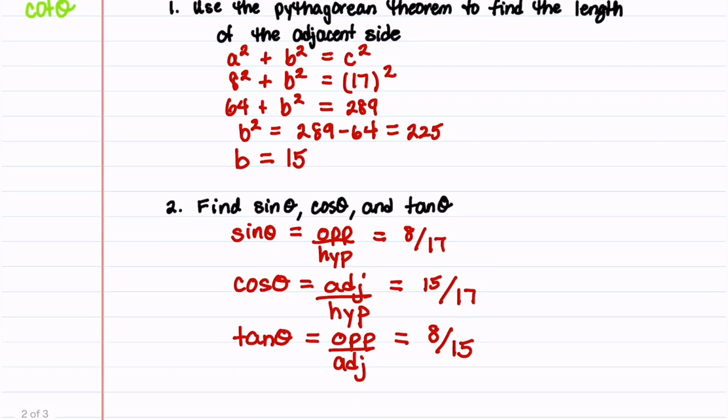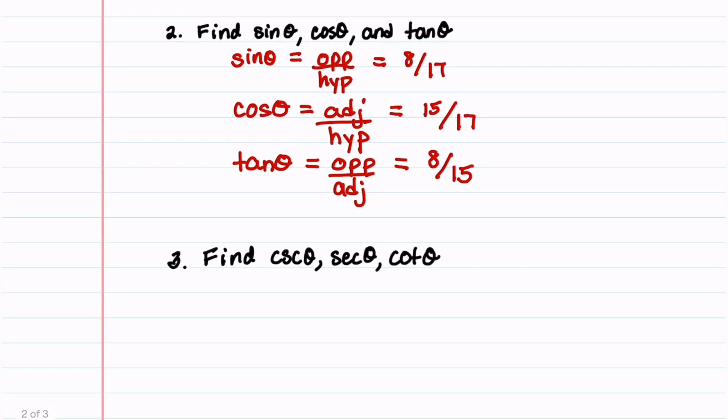Our last step is to find the 3 remaining trigonometric functions. So we can use reciprocal relationships to do this, and it'll be a little bit easier. So cosecant theta is 1 over sine theta. So we invert sine theta, and we get 17 over 8.